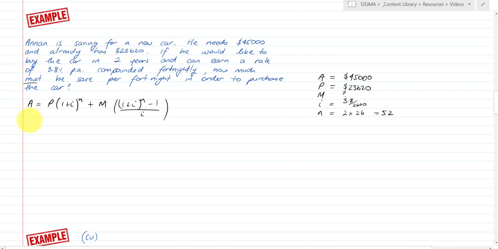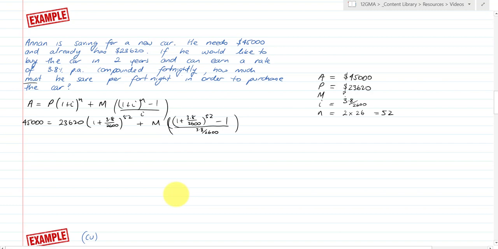And we're going to substitute into this formula, which is 45,000 equals 23,620(1 + 3.8/2600)^52 + M((1 + 3.8/2600)^52 - 1)/(3.8/2600), it's a bit tiresome really, isn't it. And there's our substituted values in.